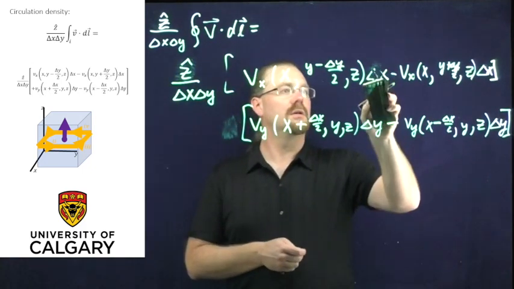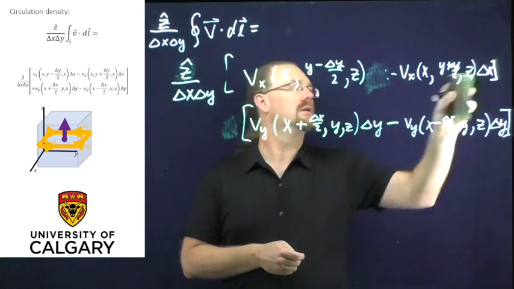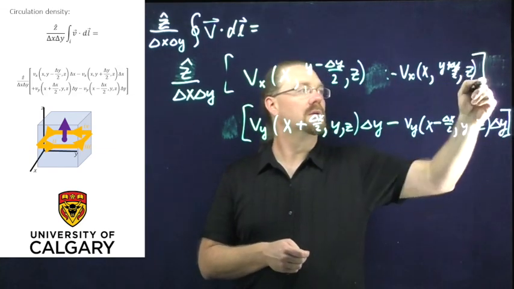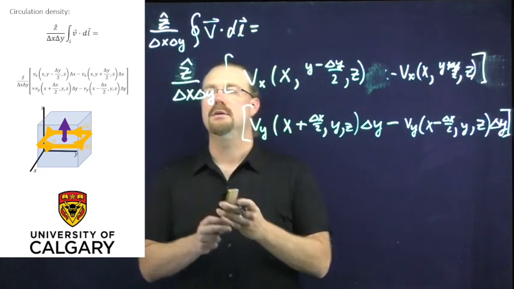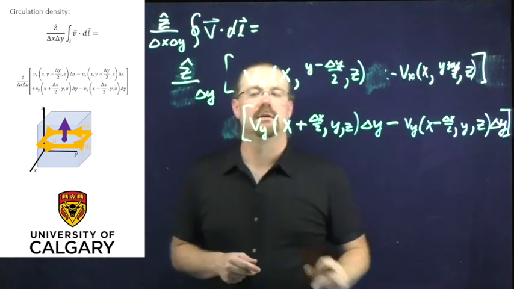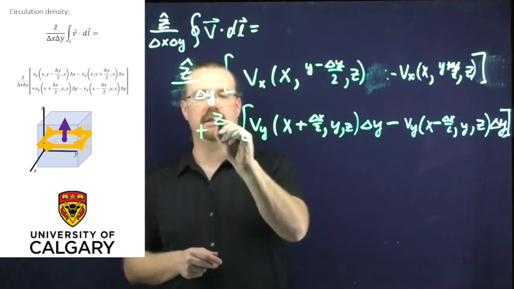And for this one, the delta x and the delta x will cancel out, leaving us with a delta y. And then we're going to add that to another z hat.